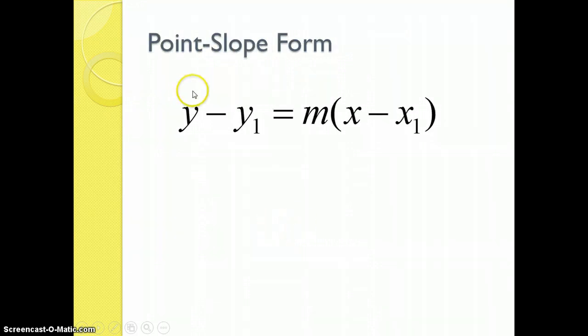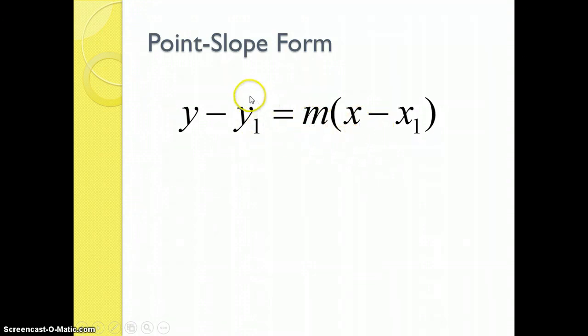Alright, so here is official point slope, y minus y1. Remember, we're only given 1 point in this equation. So we'll have one y value, one x value, and we'll have the slope, and we're going to simplify this equation to write an equation in slope-intercept form. All right, y minus y1 equals m times x minus x1.